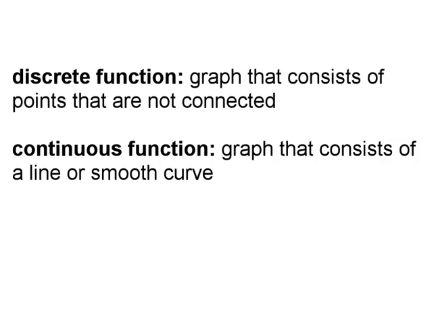So now we're going to define what a discrete function and what a continuous function is. Now this is in your book. It's not really that difficult. Basically, for a discrete function, the graph consists of points that are not connected. So the graph basically just is a bunch of points. So a discrete function is going to look something like this.